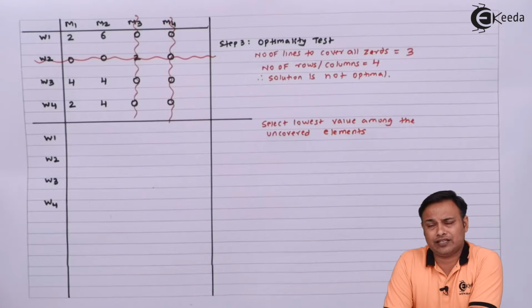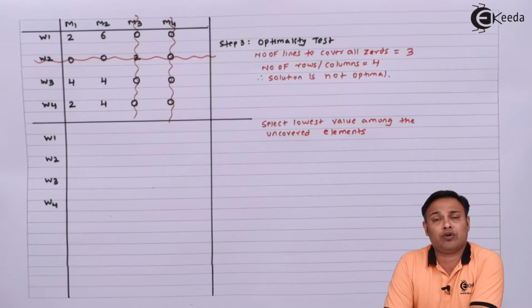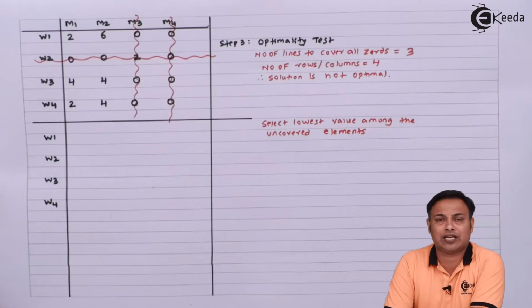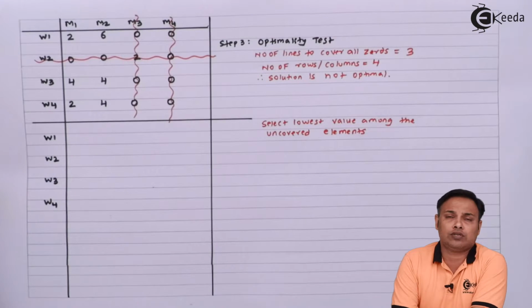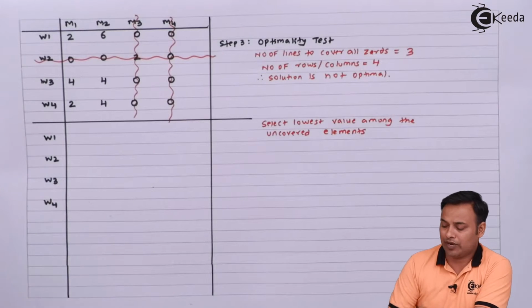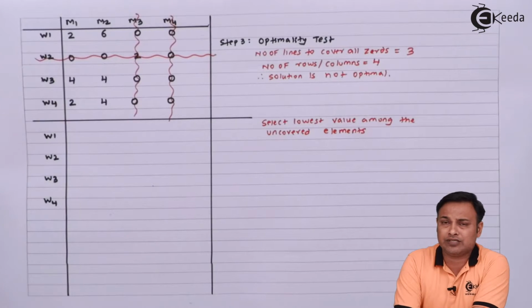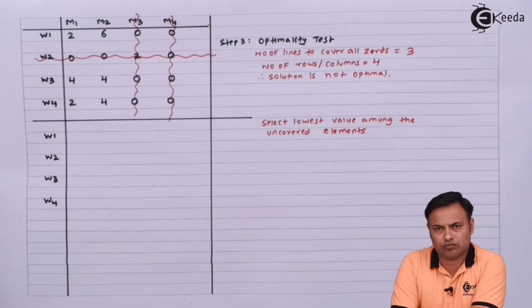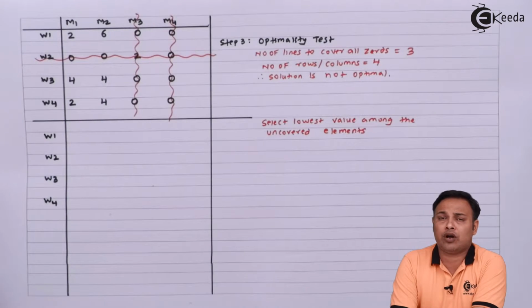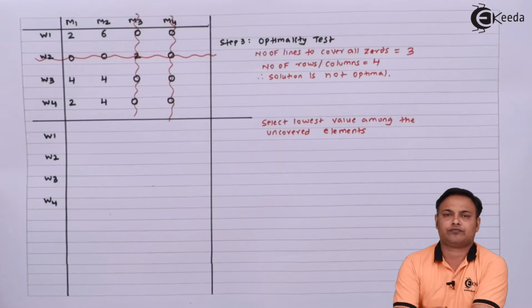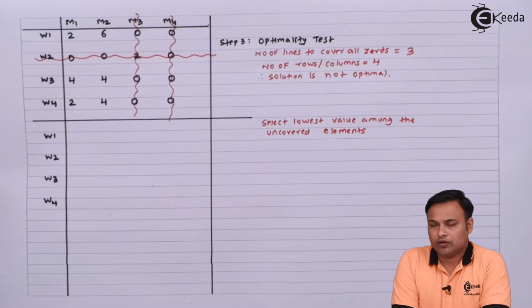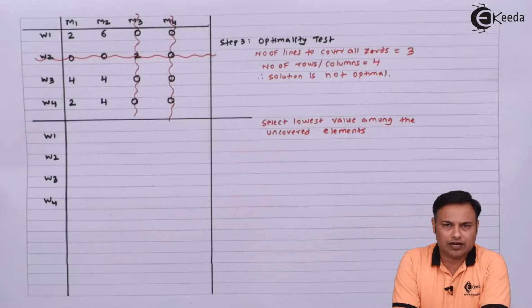So we selected the lowest value among the uncovered elements. By uncovered elements I mean those numbers जिनके ऊपर कोई भी लाइन नहीं है. So मेरे पास है 2 6 4 4 4 and 2. इनमें सबसे छोटा नंबर है 2. ये 2 आपको अनकवर्ड एलिमेंट्स में से माइनस करना है.